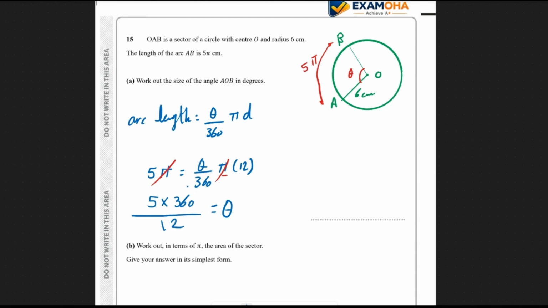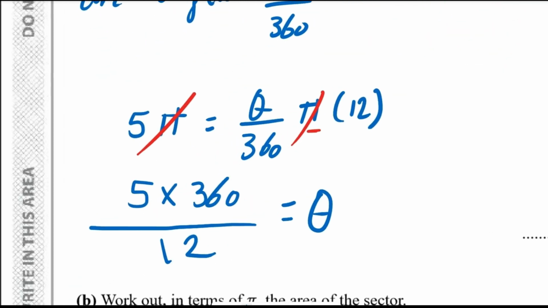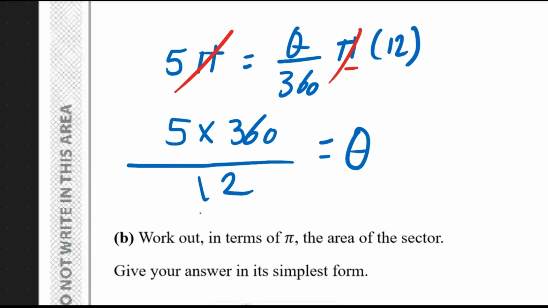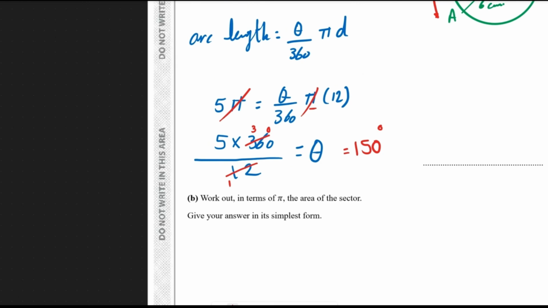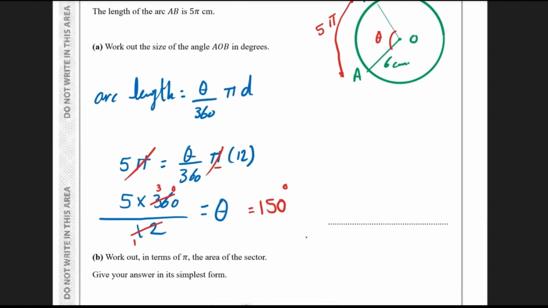The easiest way is to look at this fraction and cancel it down without multiplying. This is a non-calculator question. So 12 divided by 12 is 1, 36 divided by 12 is 3, and the 0 here. So 3 times 5 is 15, and then 0. So it's 150 degrees. The answer is the angle of the sector, which is 150 degrees.